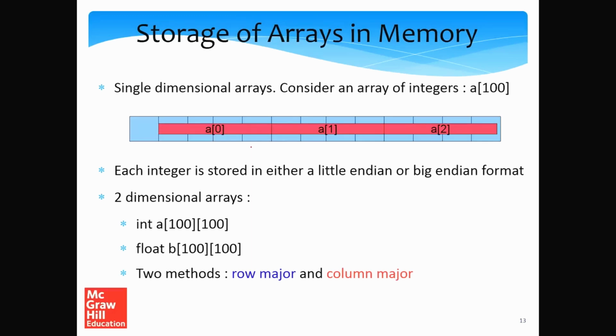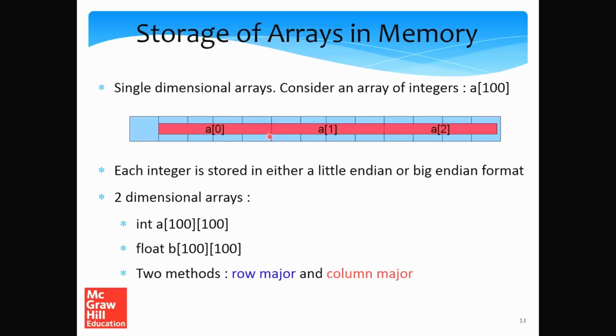So now that we know how individual integers are stored, we should also take a look at how arrays are stored. An array of integers is basically a set of n integers. So let us consider an array of integers a[100]. The way it is stored is actually very simple. We store the first element of the array, a0.